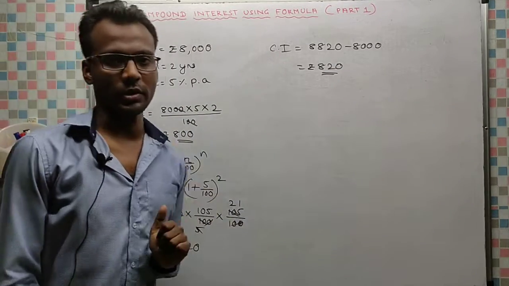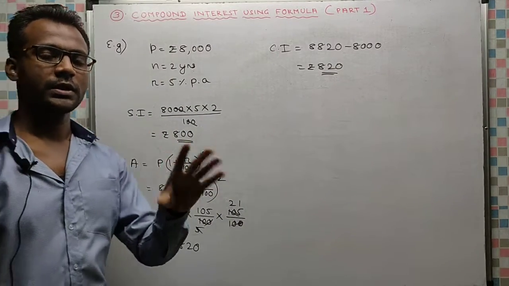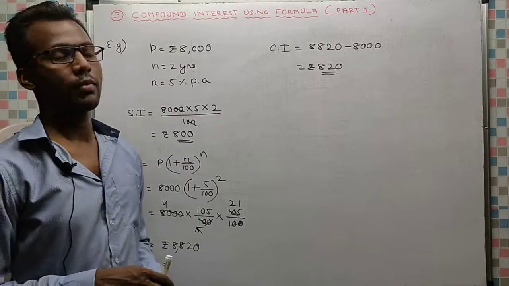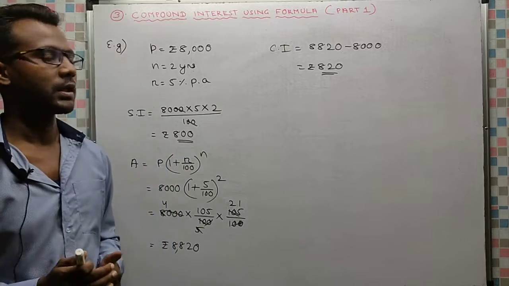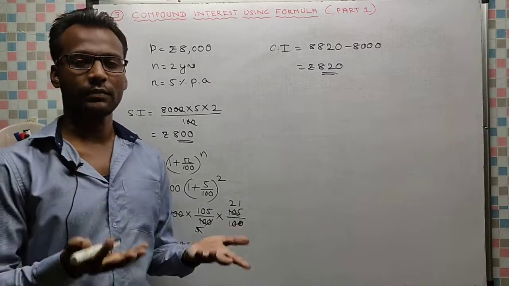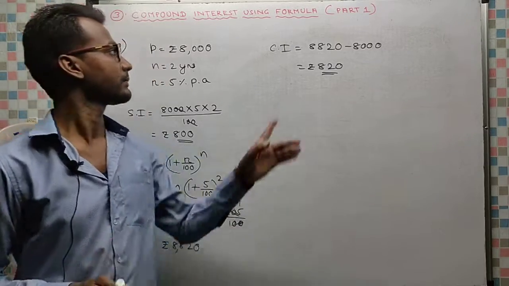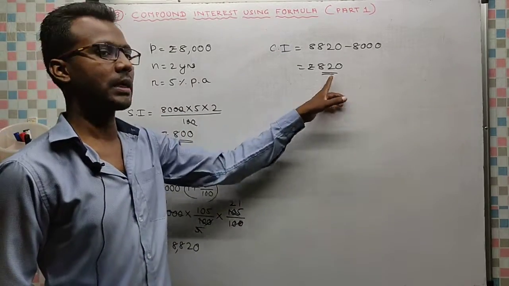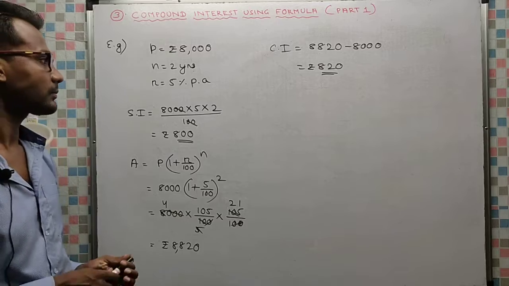So this is the compound interest at the same rate for the same time. I told you in the previous chapter that for a specific period of time, for a given principal, for the same rate of interest, compound interest is always more than the simple interest. As you can see, 820, 800 more.